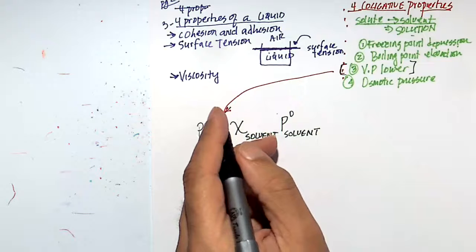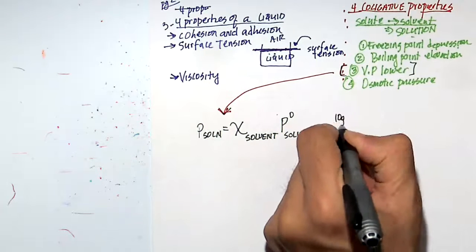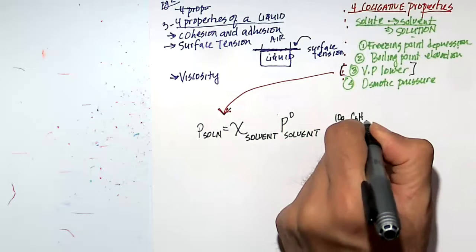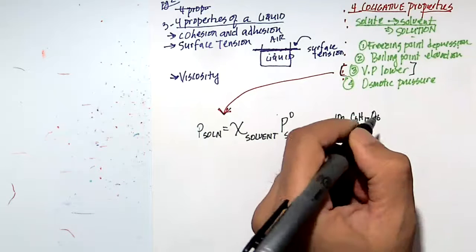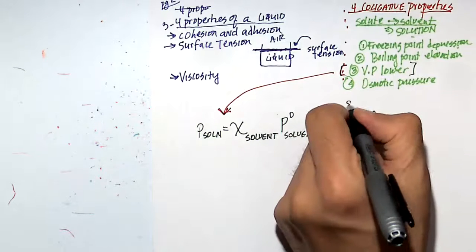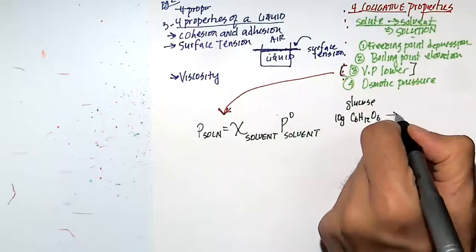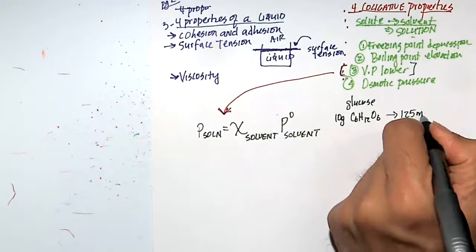So let me throw out some numbers for you. Let's say I take 10 grams of glucose, C6H12O6, and I put it in 125 milliliters of water.